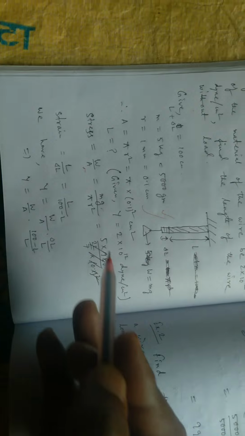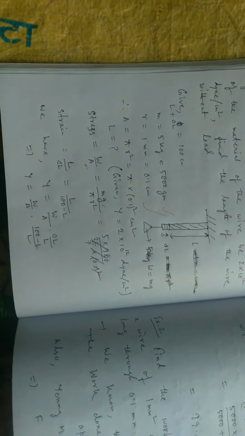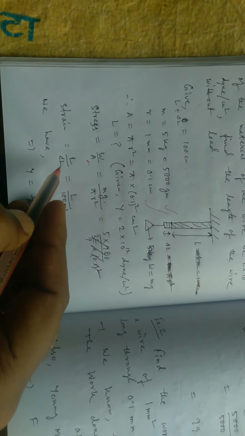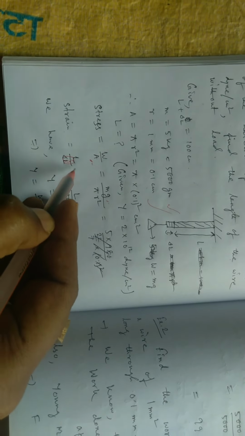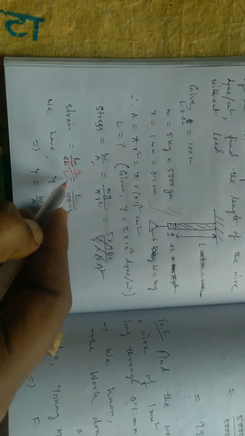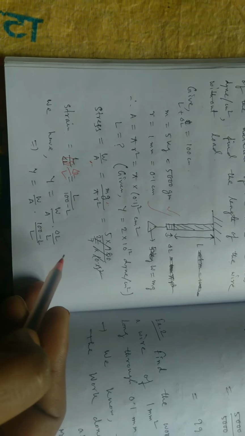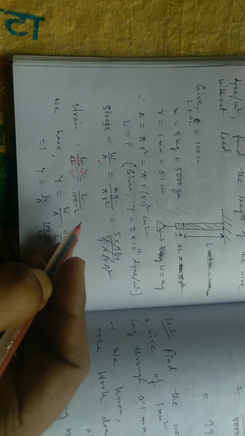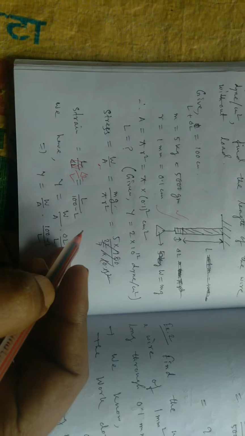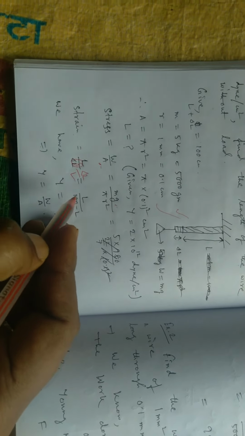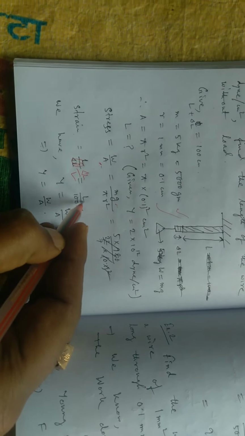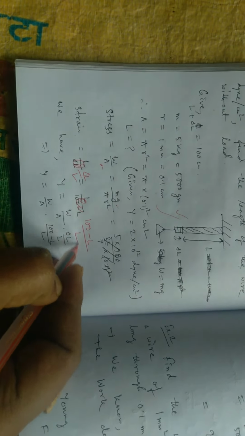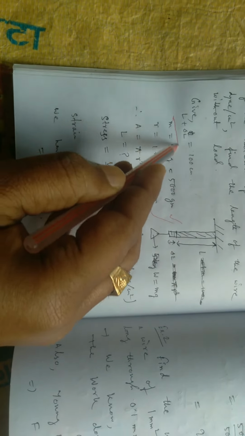Strain will be delta L by L. Actually it will be 100 minus L by L, because L plus delta L is equal to 100 centimeters.